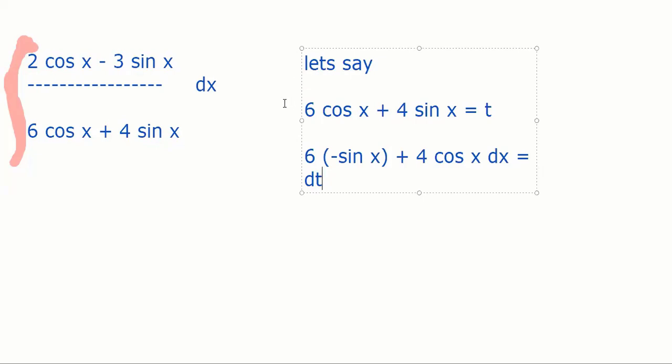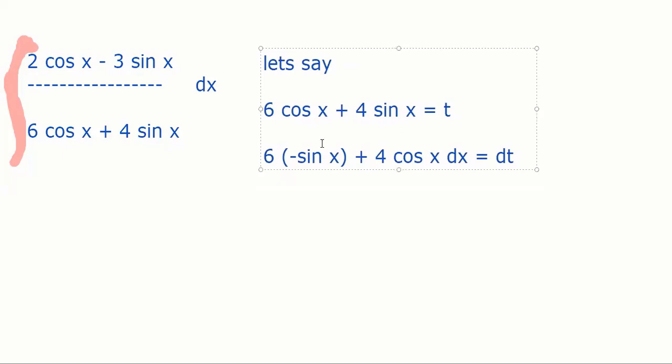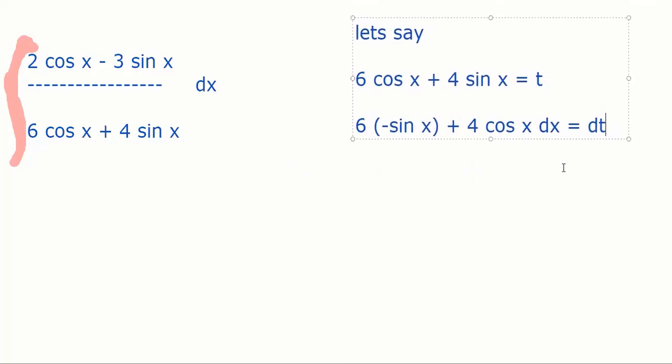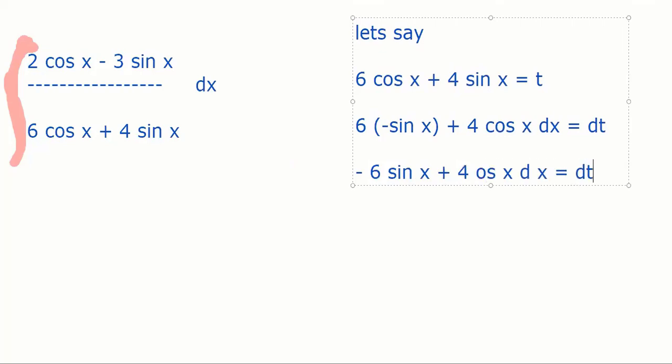Is it right or not? You don't need to divide because it will become tan, more difficult. See, in integration, sin and cos are easier than tan. So it becomes minus 6 sin x plus 4 cos x dx equal to dt.